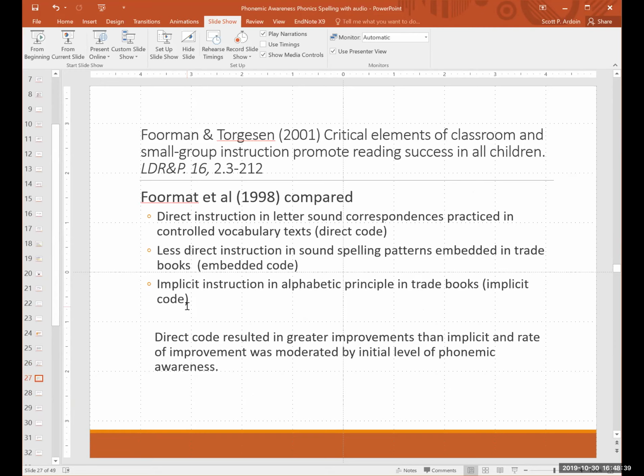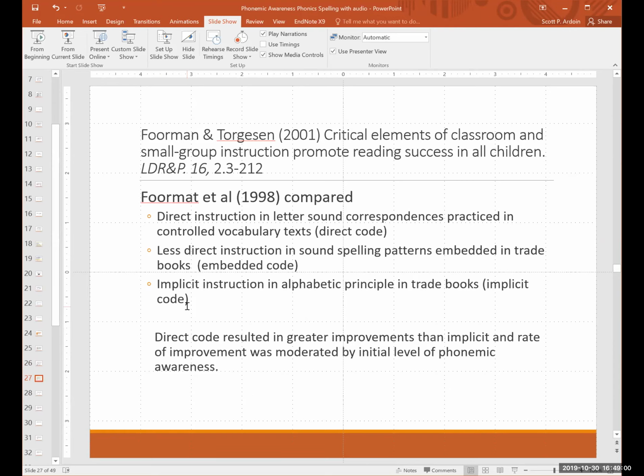So in their study that they go over in this manuscript, Foreman et al. compared direct instruction in letter sound correspondence practiced in controlled vocabulary text. That was one condition, and then there was a less direct instruction in sound spelling patterns embedded in trade books.